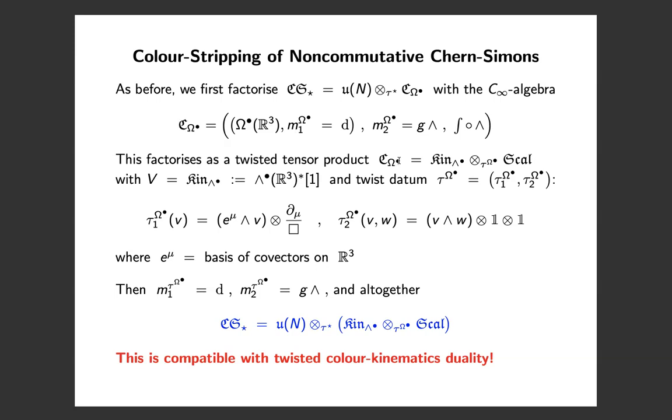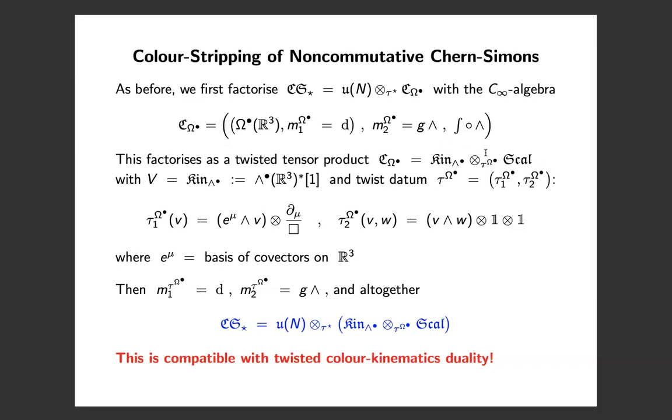Now this is just a commutative object, but it can be factorized as another type of tensor product, and this has nothing to do with non-commutativity. This type of twisted tensor product comes from the non-trivial kinematic factors present in ordinary Chern-Simons theory.